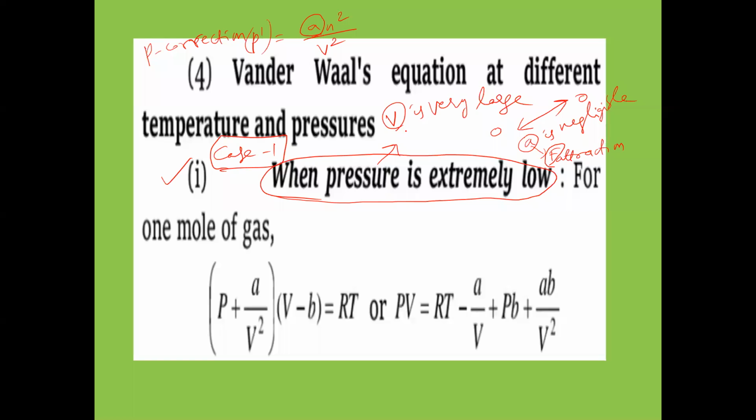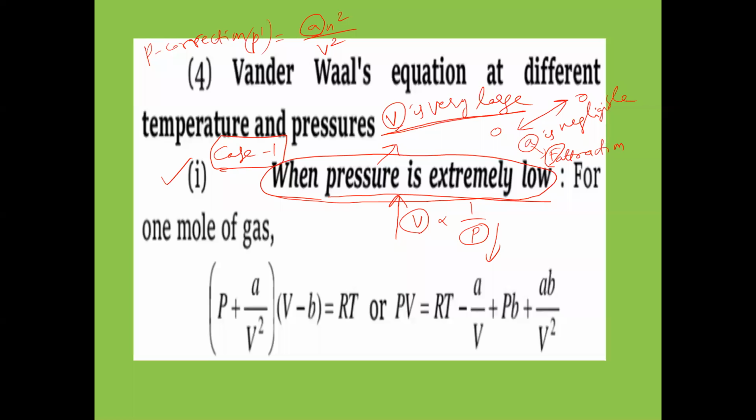Also the volume is very large here. Why is the volume of the gas very large? Pressure is extremely low, we said. Volume and pressure are inversely related. When pressure is extremely low, the volume will be extremely large.